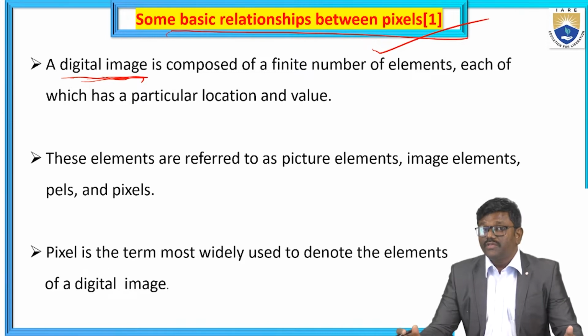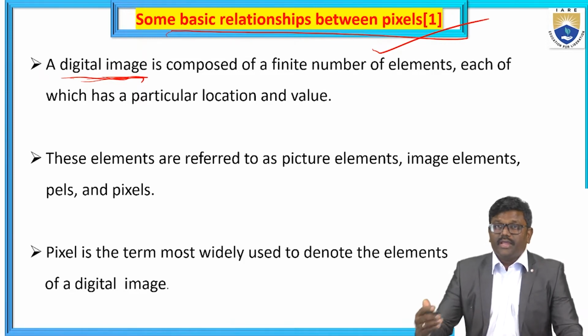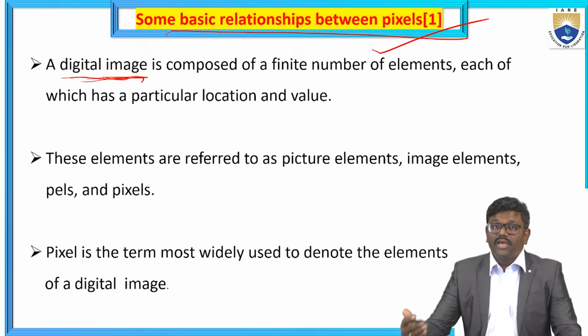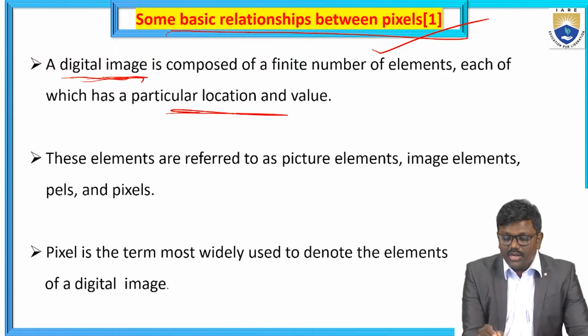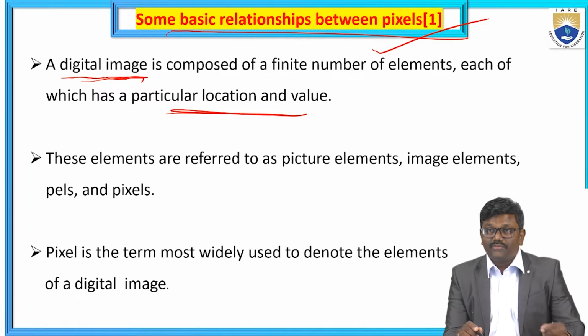The content of the digital image, which we want to see step by step, is going to be helped by this topic knowledge. So what is this topic knowledge? The digital image is composed of a finite number of elements, each of which has a particular location and a value. The location and the value help us define a pixel.